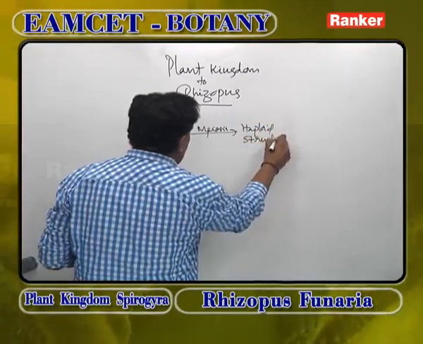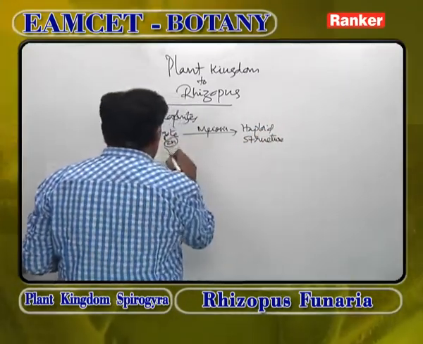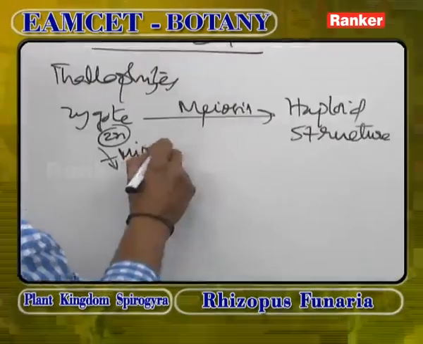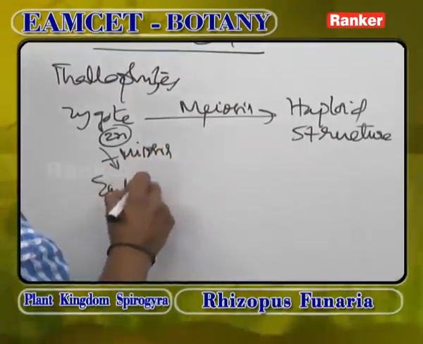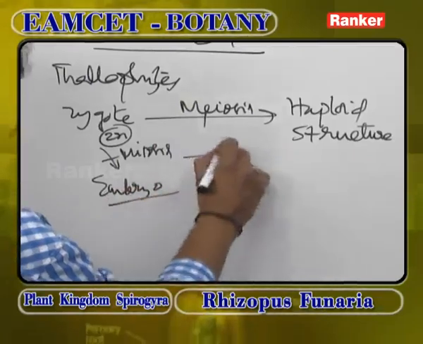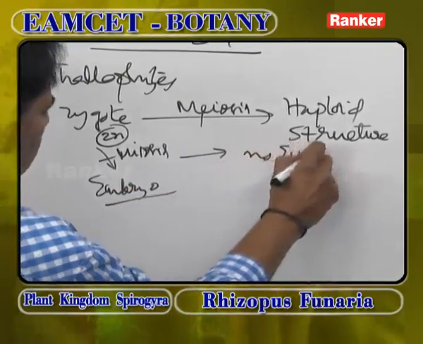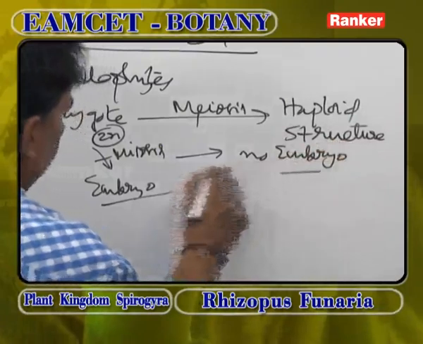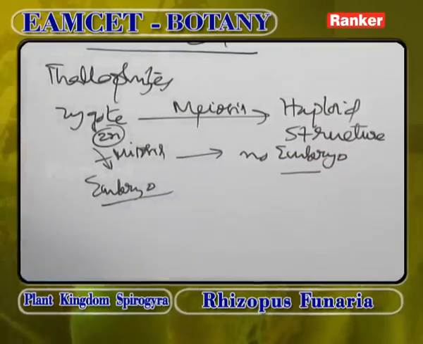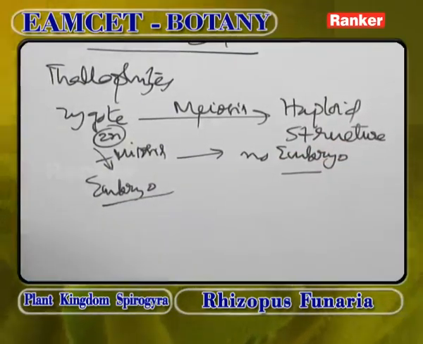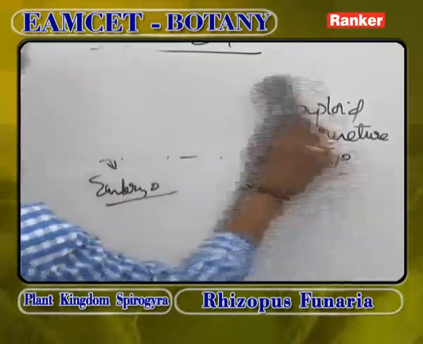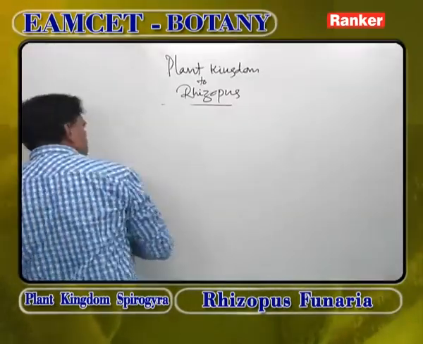Whenever the zygote undergoes mitosis, it produces an embryo. Whenever the zygote undergoes meiosis, it does not produce an embryo. So all thallophytes are non-embryophytes, because the zygote shows meiosis instead of mitosis.